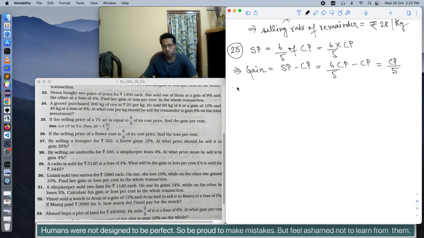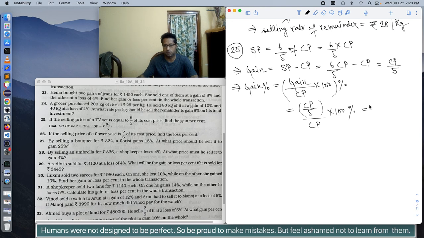This is the gain. This implies what will be the gain percent. Gain percent is gain divided by cost price multiplied by 100, this much percentage. Now gain is CP by 5, divided by CP, multiplied by 100.